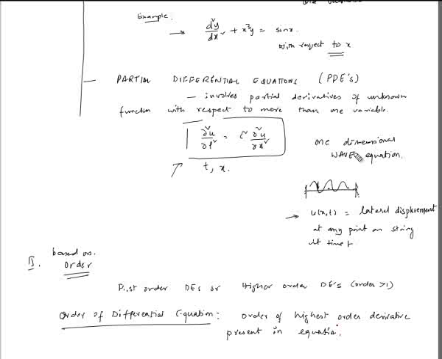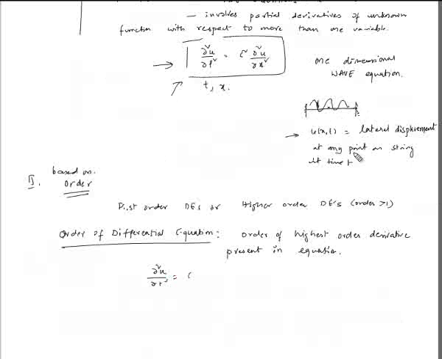For example, let's take this wave equation example. In this, the highest order derivative term is 2, right? Either you take this term or this term, the order is 2. So this is called the second order PDE because it's a partial differential equation.